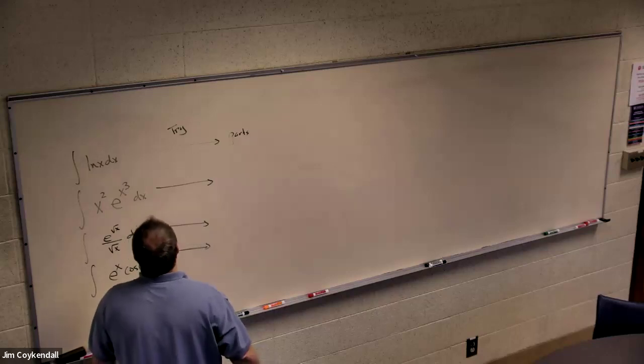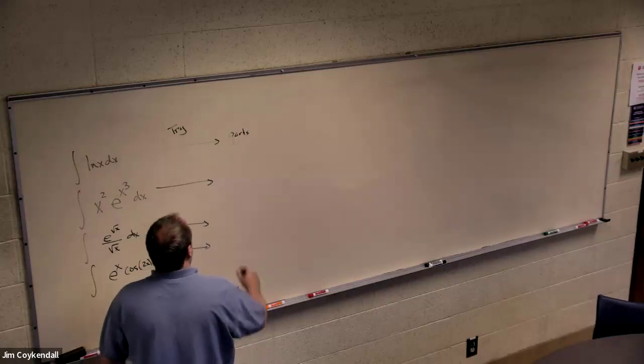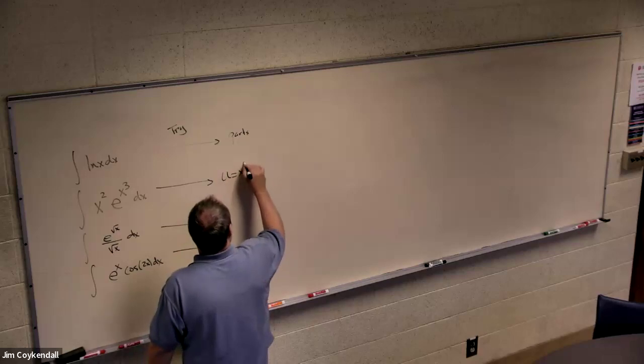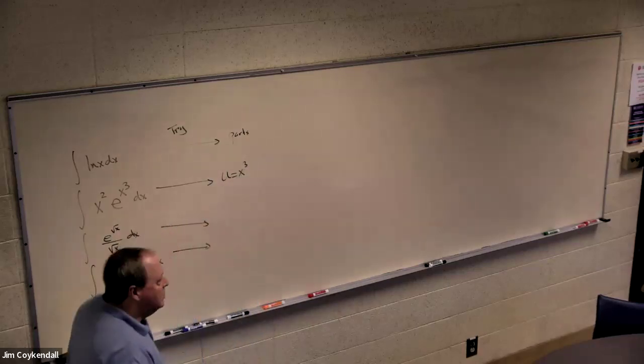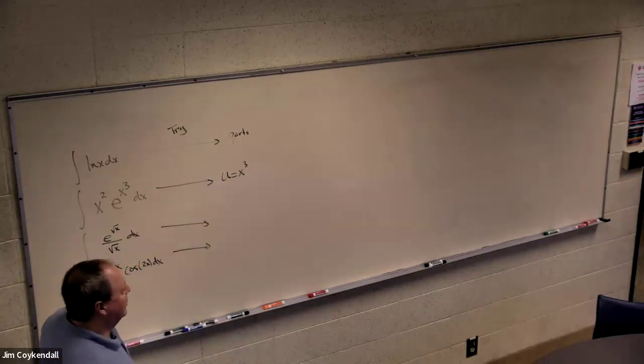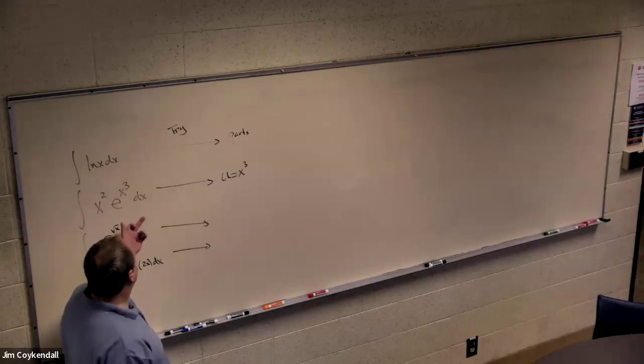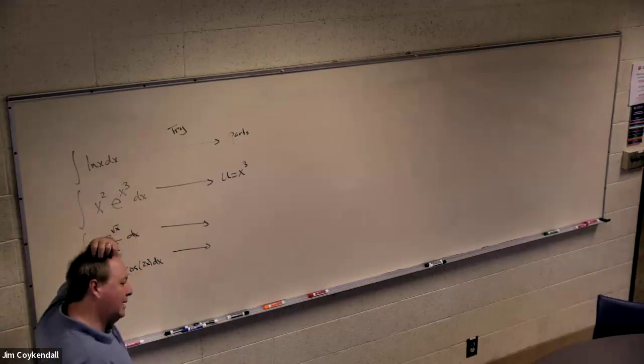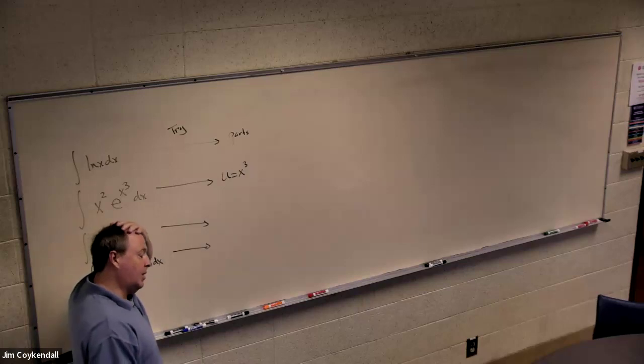Actually, that may work. I think probably u equal x cubed is going to work out well for me. Can anybody look at that and tell me why did I know that u equal x cubed is probably going to pay off?